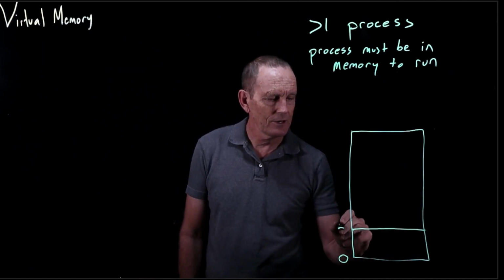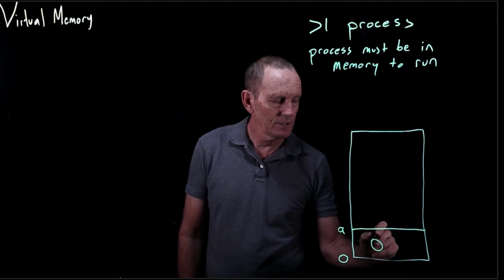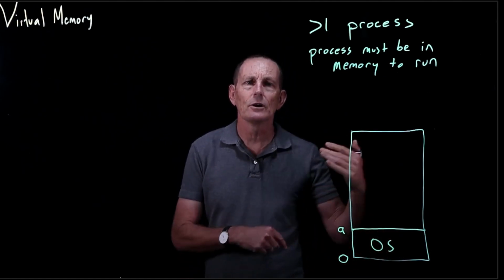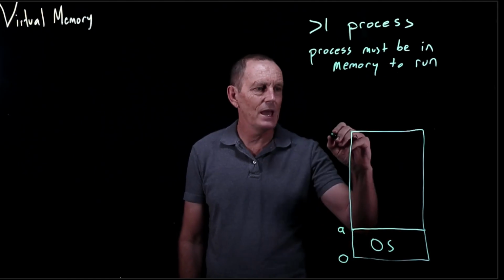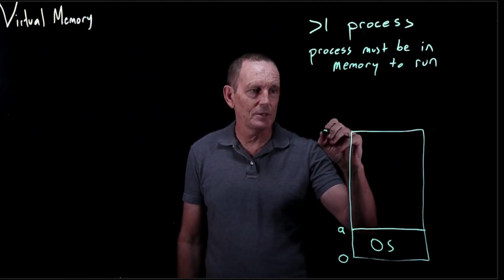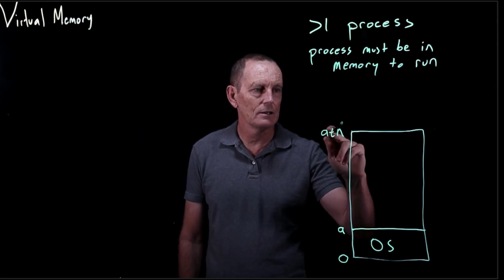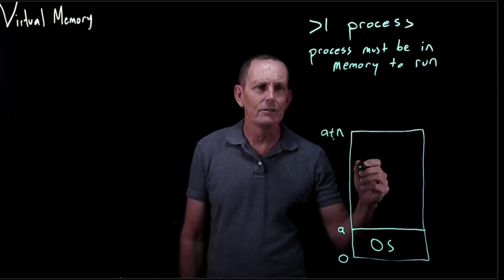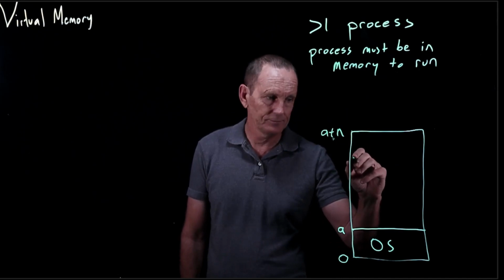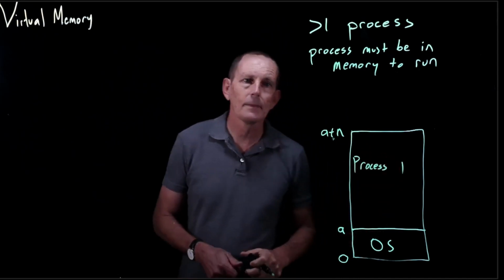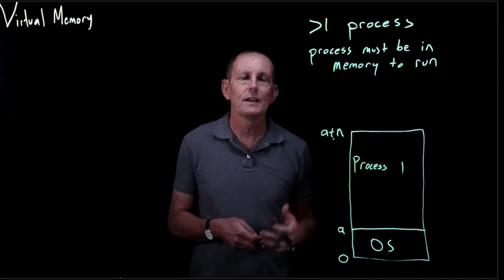And let's say we have here the operating system at memory locations sort of 0 up to A. And then from A up to, let's say, A plus N, we have our process. So it runs, that's fine.